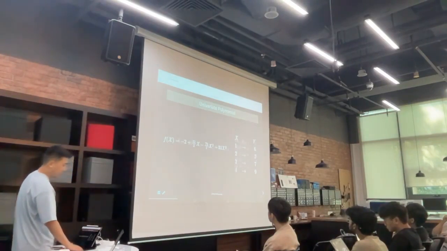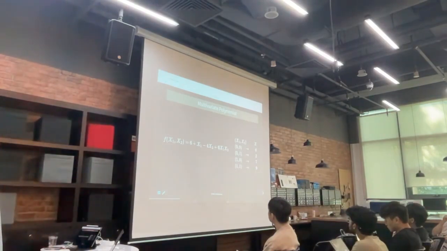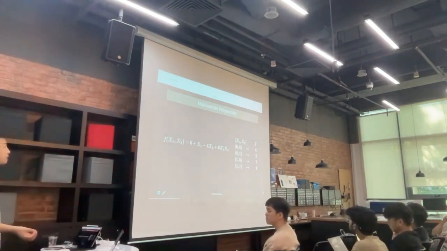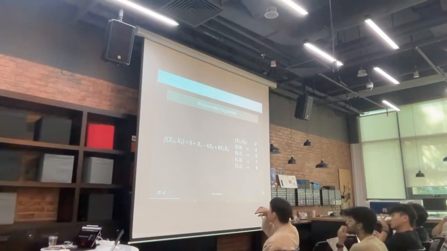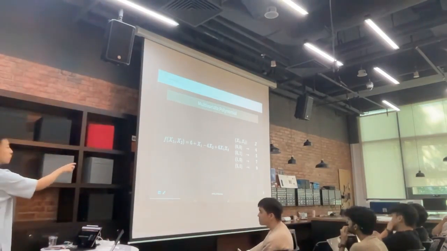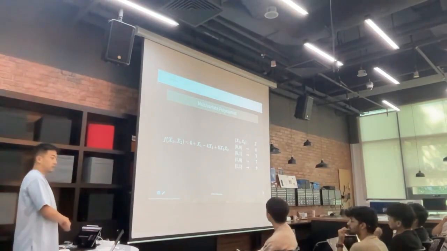And in the multivariate polynomial, we are using a geometrical vector instead of the index or just an x value. So we give it a coordinate, which is called a position vector.